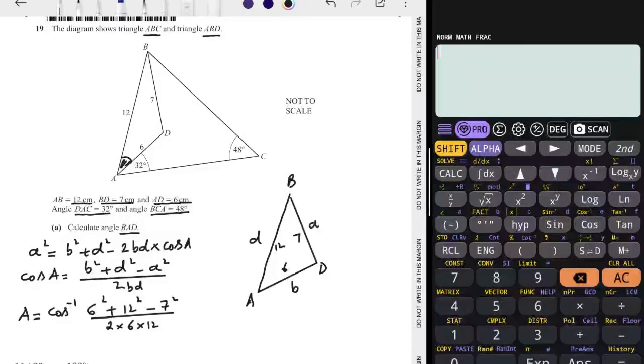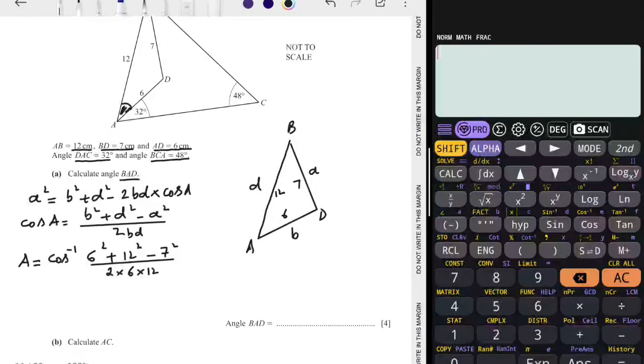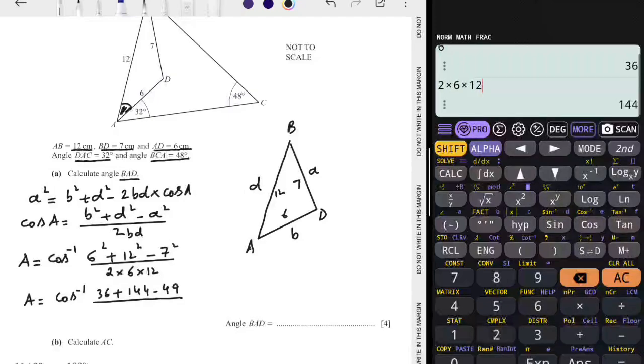Now we have to simplify the values. So square of 6 is 36 plus square of 12 is 144 minus square of 7 is 49 divided by 2 times 6 times 12, so this becomes 144.